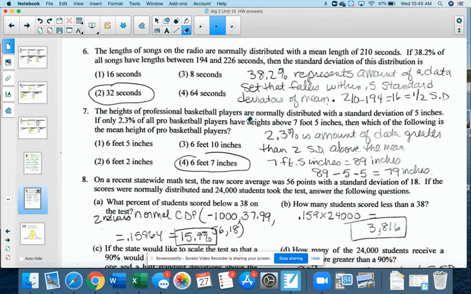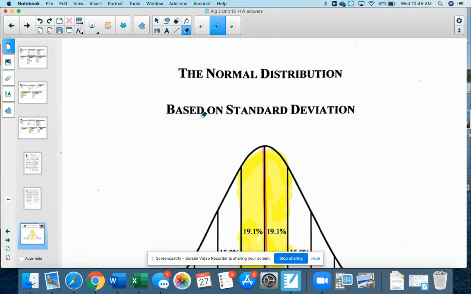Heights of professional basketball players are normally distributed with a standard deviation of 5 inches. If only 2.3% of all pro basketball players have heights above 7 feet 5 inches, then which of the following is the mean height of a pro basketball player? So 2.3 is the amount of data greater than 2 standard deviations.